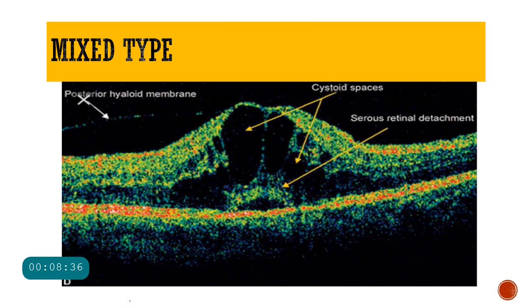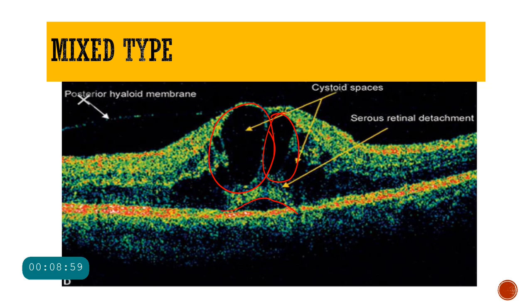Now, sometimes you might not have the exact demarcation of various patterns on OCT. You might actually have a mixture of all these OCT patterns. That type of DME is called a mixed type of DME. As you can see in this picture, you actually have the cystoid spaces. So this is cystoid macular edema.